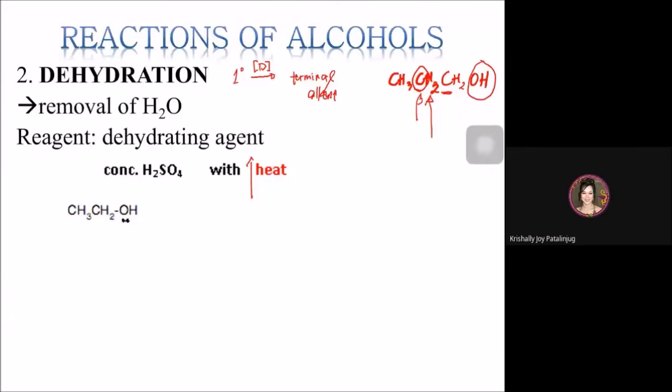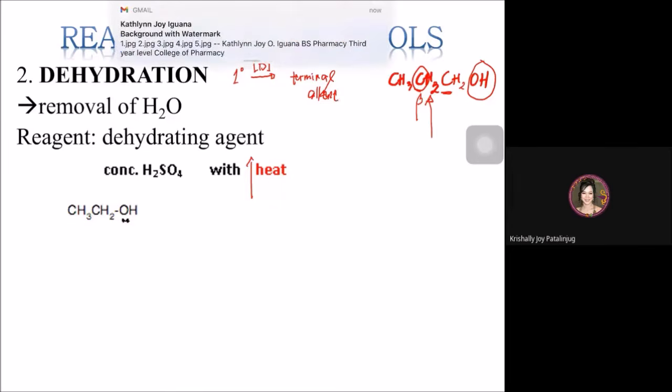Kung terminal alkene, ang double bond makita sa terminal part, meaning sa carbon 1. Terminal alkene, the double bond is found on the terminal side of the compound, located at carbon 1.